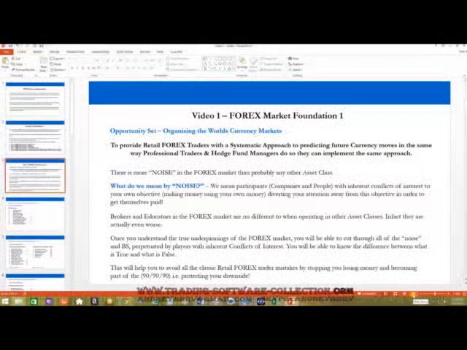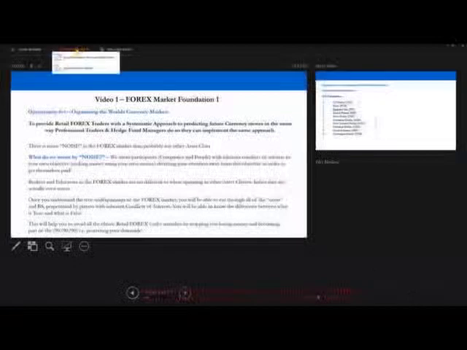Okay, so let's get started with building out our understanding of the underpinnings of the Forex market. And let's try to establish a really solid foundation and understanding of the currency markets.